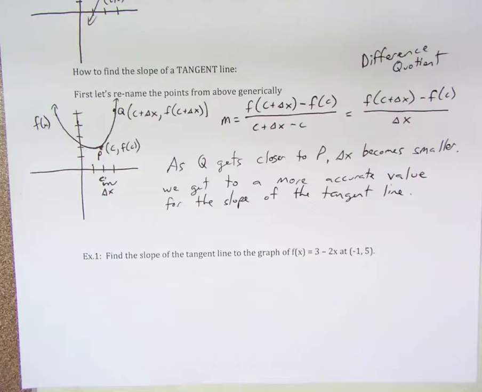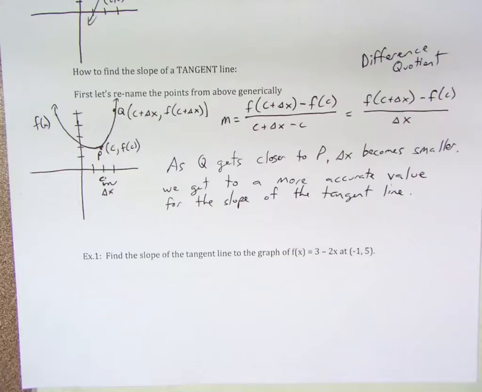And again, understand what you just found. The question was find the slope of the tangent line to x squared minus 4 at 1, -3. So if I was going to graph that, it's going to be some parabola. Y-intercept is -4. It's going to cross the x-axis at 2 and -2.